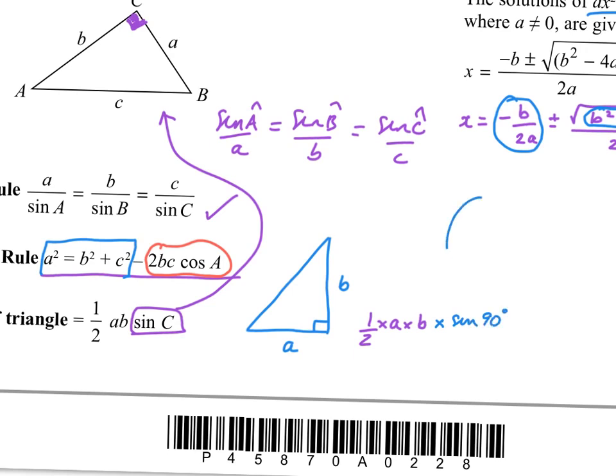For those that know the unit circle well enough, the sine of 90 is just 1 anyway, so it's actually giving you the formula for a right angled triangle as well. So don't be too put off by half ab sine C. You've already seen it when you were very young, but you just didn't see it in that particular way. So that's enough of the formulae for now, and we can now get on and see what the paper has in store.